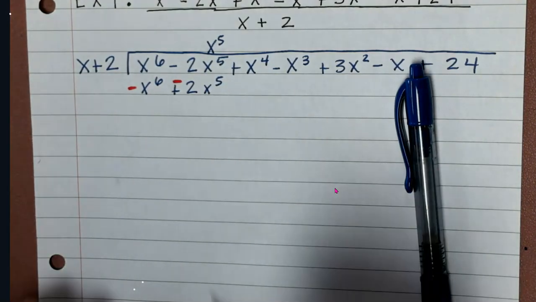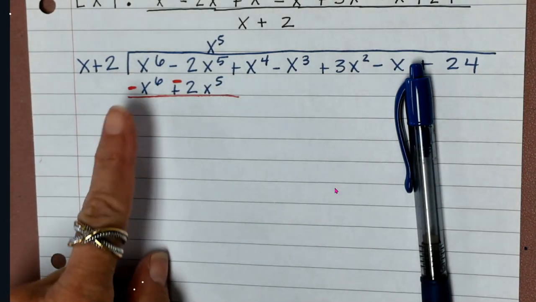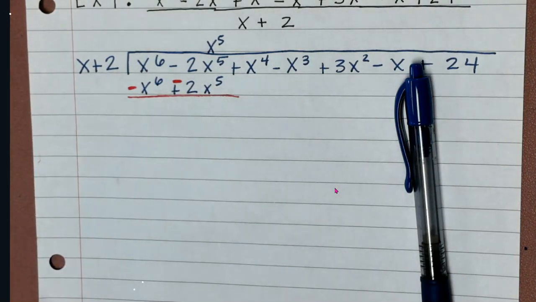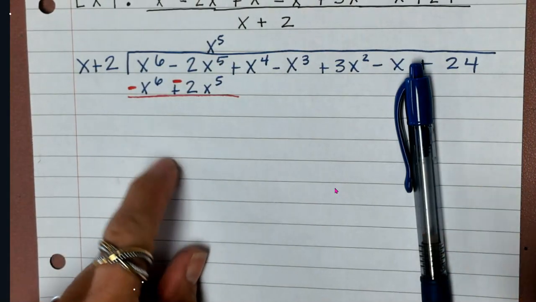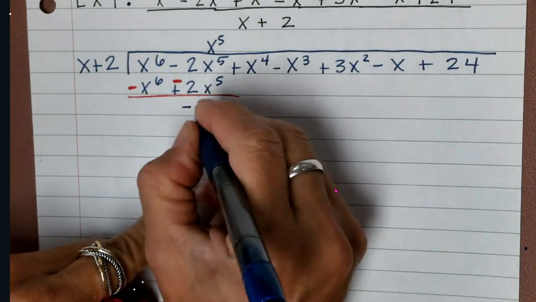All right, so let's subtract. So the front numbers cancel out every time. If those front numbers don't cancel out, we made a big mistake. That's a zero pair. A negative 2x to the fifth and a negative 2x to the fifth is a negative 4x to the fifth.